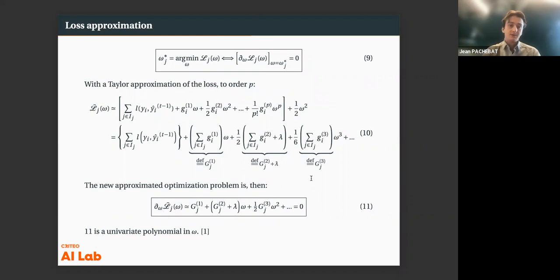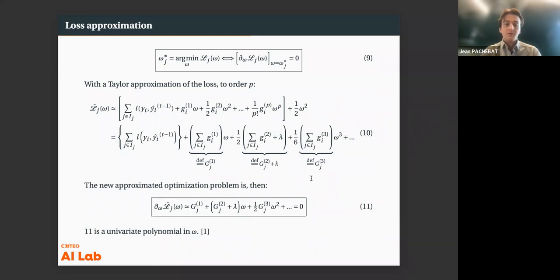This was the core of the topic of my internship. To do so, we can do an approximation of the loss that we are trying to optimize. We use this classical theorem, which states that as we have a convex problem, finding the minimum of the loss function is equivalent to equating its derivative to 0.